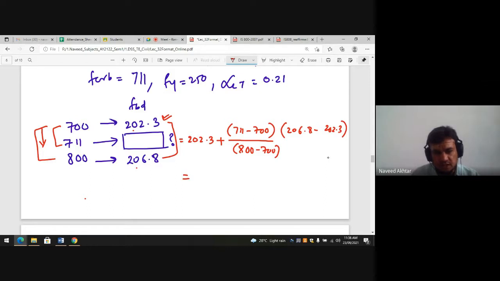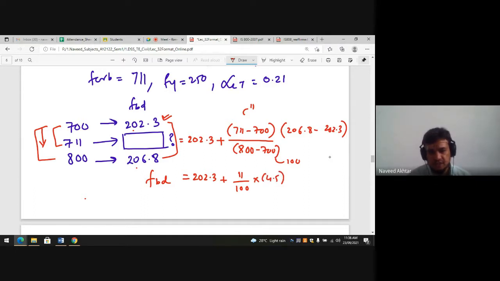Now if I solve, this is the FBD we require. So 202.3 plus 11 divided by 100 into the difference of 206.8 minus 202.3, which is 4.5.